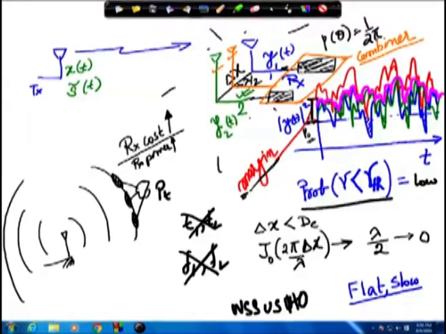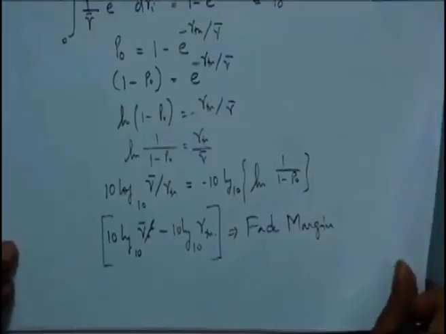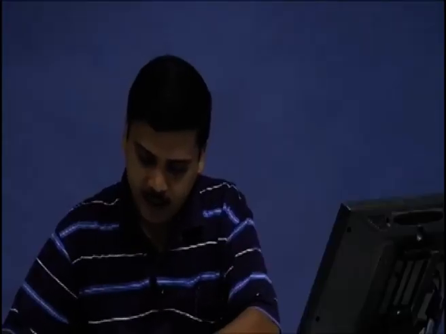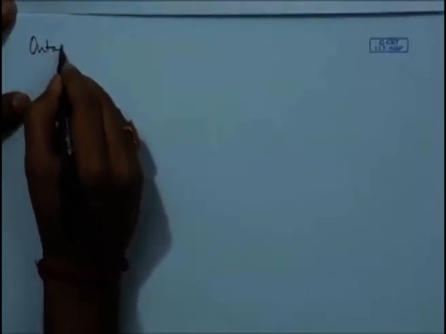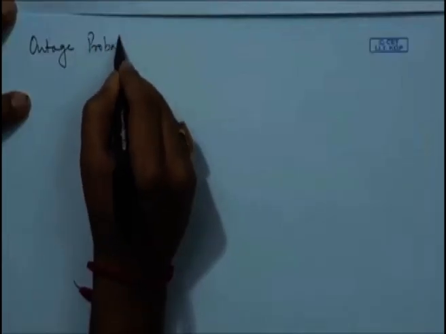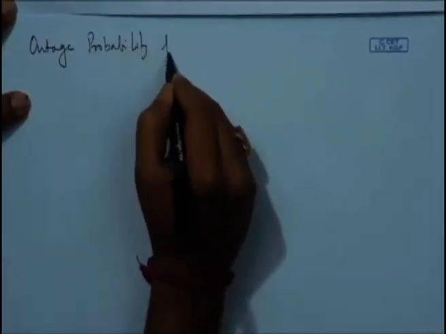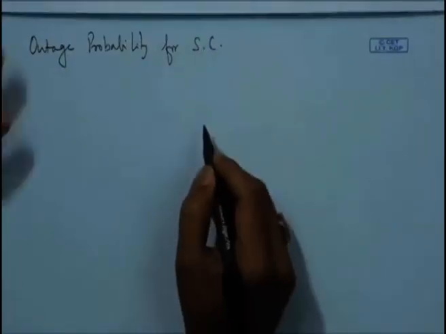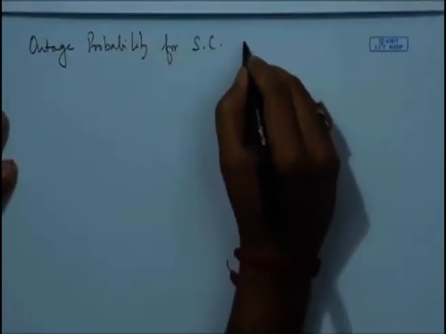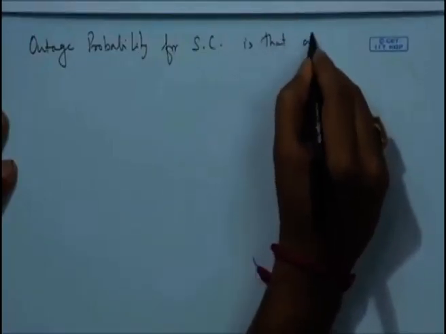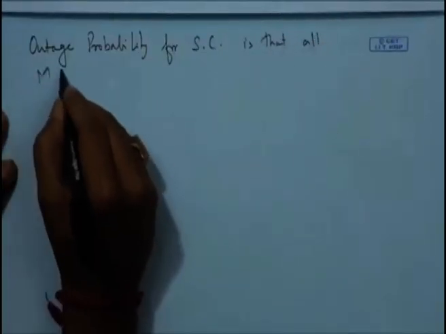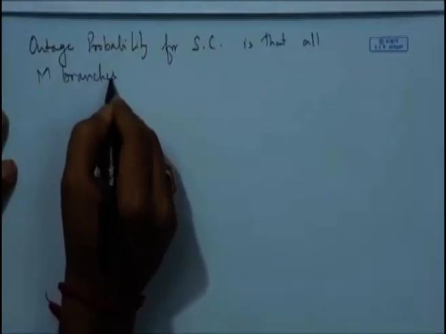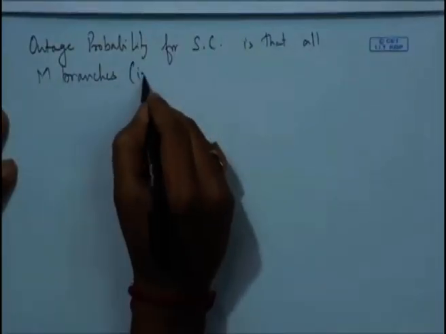Now, as we move ahead with selection combining, what we see is that the outage probability for selection combining is different. The outage probability for selection combining, which I write in short as SC, is that all M branches, here we assume independent.